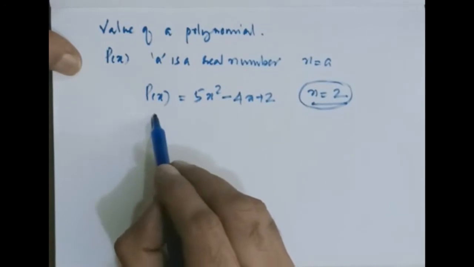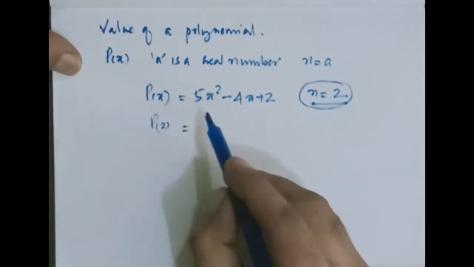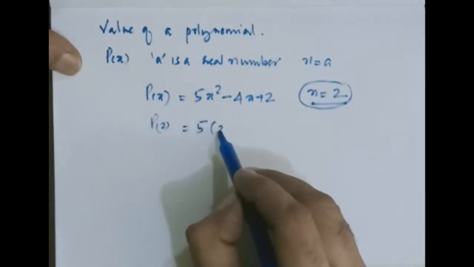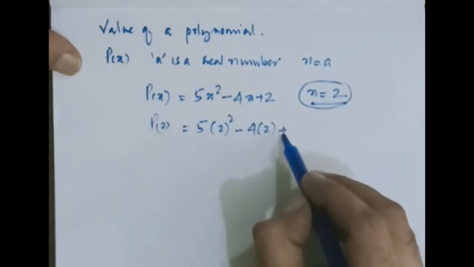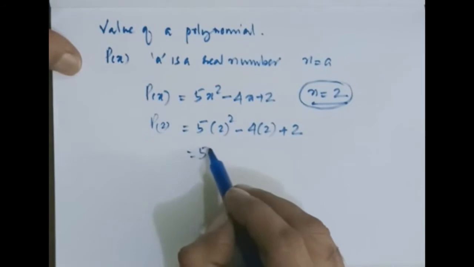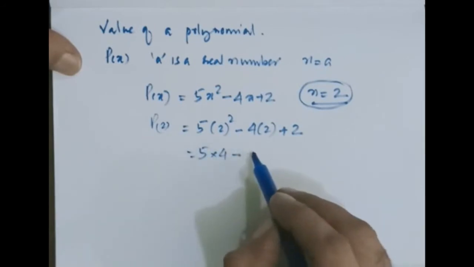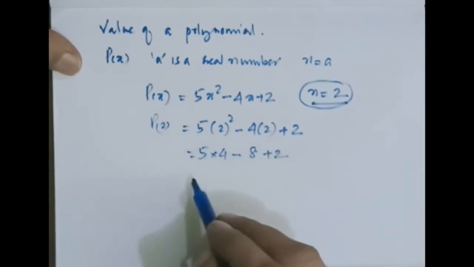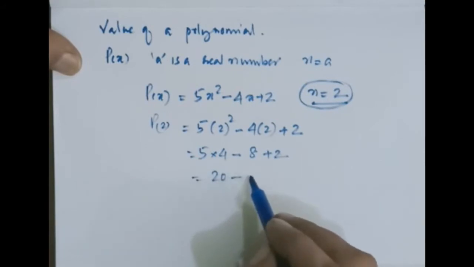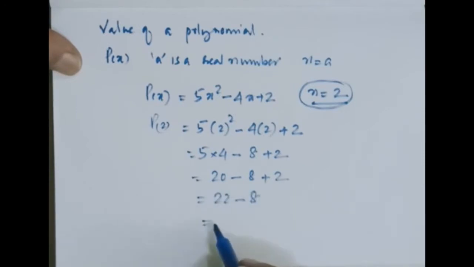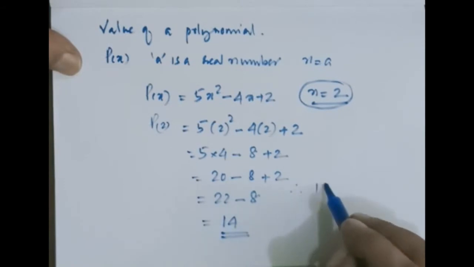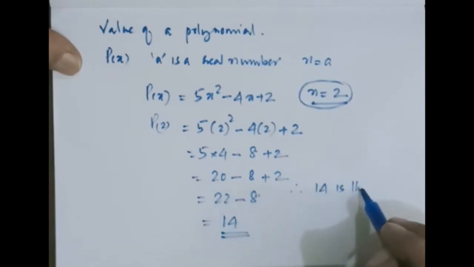So that is p(2) equals 5 into 2 square minus 4 into 2 plus 2, which is equal to 5 into 4 minus 8 plus 2, which is equal to 20 minus 8 plus 2, which is equal to 22 minus 8, that is equal to 14. So therefore 14 is the value.